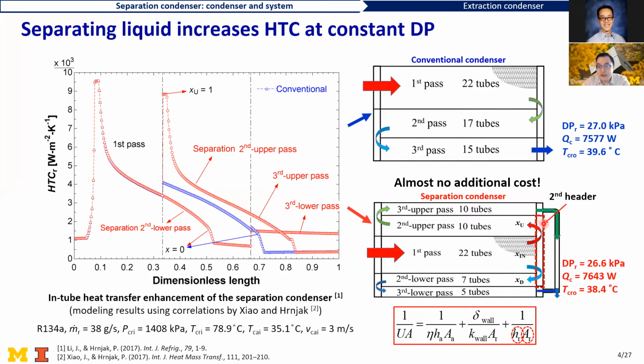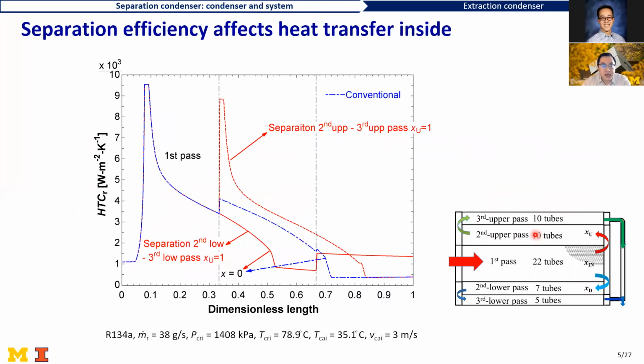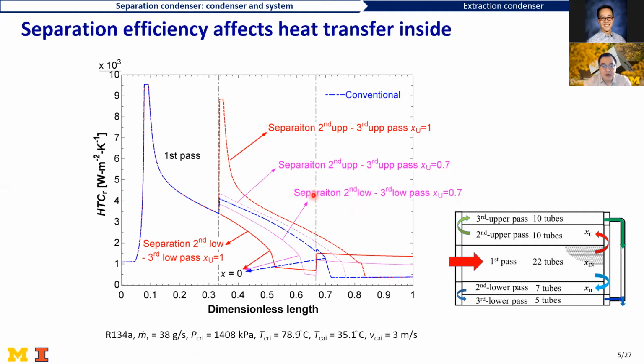And the beauty of this design is that, using only gravity, there's almost no additional cost besides recircuitry at the manufacturing phase. We have been assuming the separation is perfect in the last slide. Here in this slide, I'm comparing a perfect separation with a non-perfect separation.